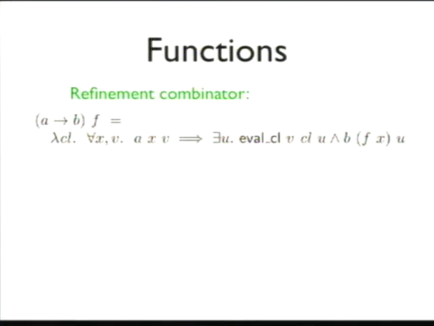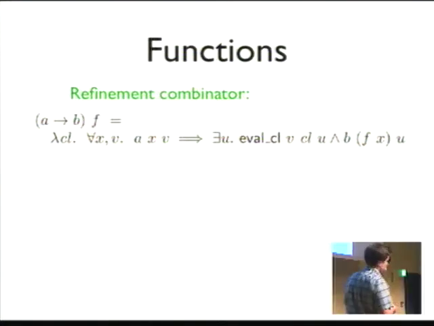Okay, so I'll give the definition of this. Given two refinement invariants and a function, and given a closure, evaluation of that closure with any v which satisfies the invariant A will result in a u that satisfies the function, computes the same result.